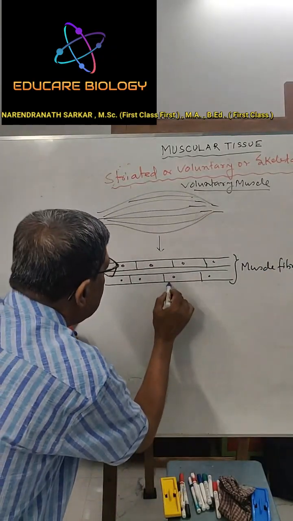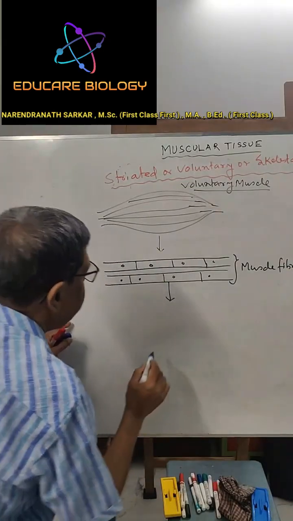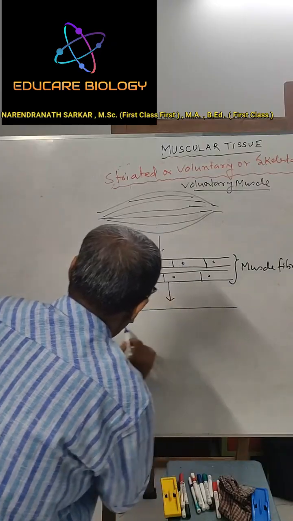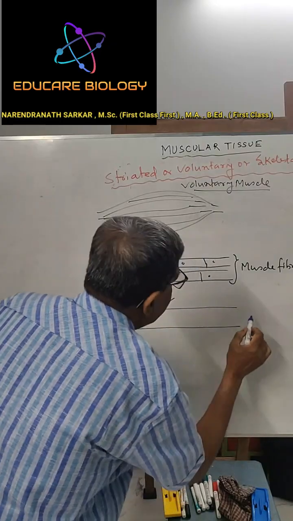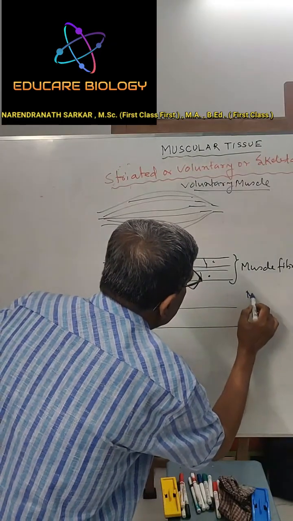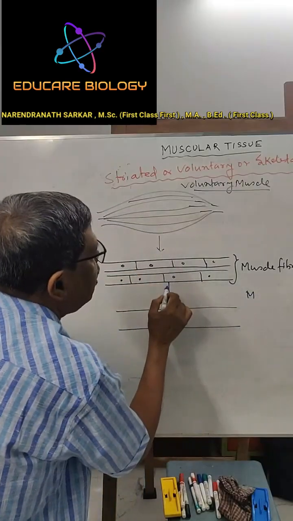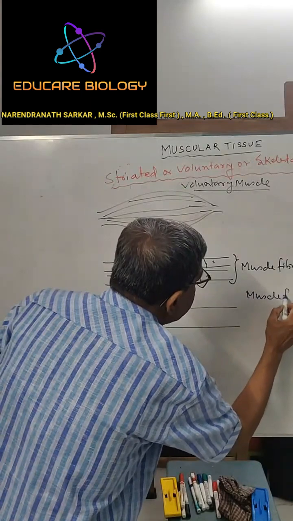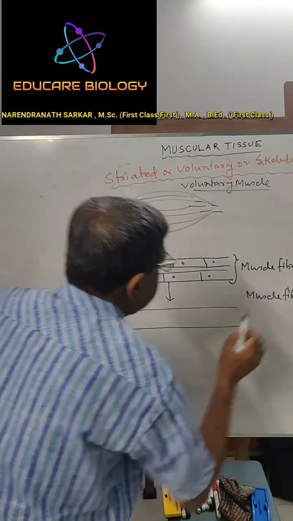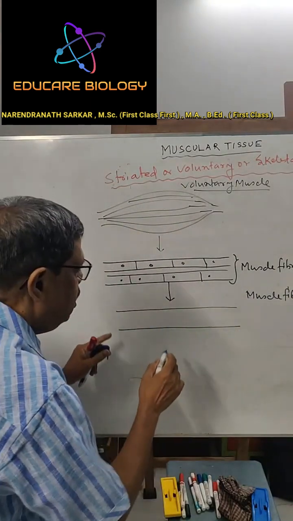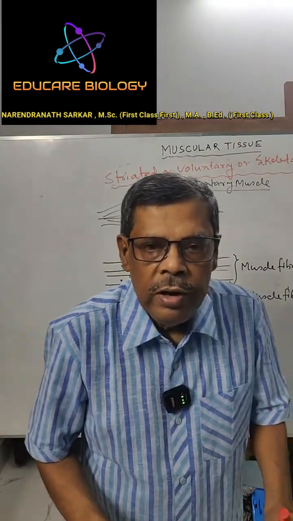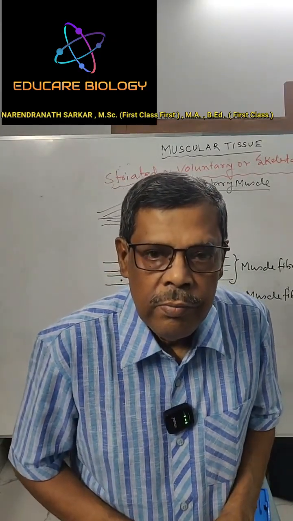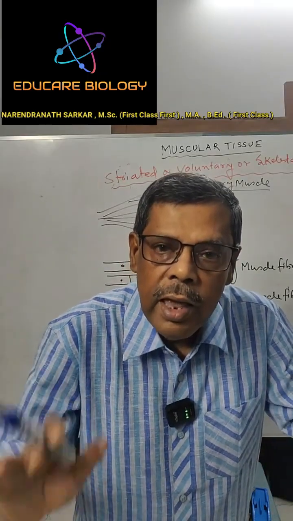Next, one muscle fiber. This is one muscle fiber. There are two muscle fibers. It shows striation, that is alternate A and I bands.